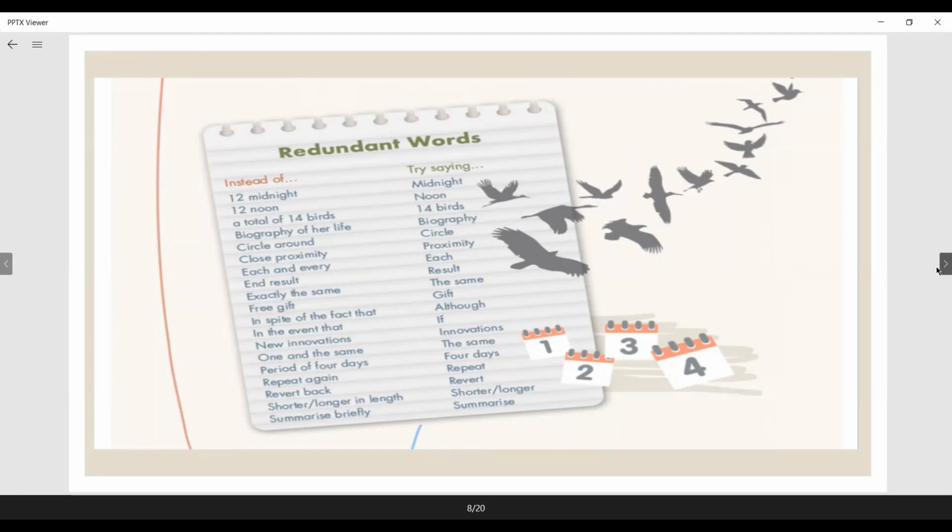Like, instead of writing 12 midnight, just write midnight. Or instead of in the event that, you could write if. Or instead of repeat again and again, just write repeat. That does not make a difference. If you are writing revert back, if you are writing revert, that is also possible, the other person could understand what you are writing about, and it's more relevant.